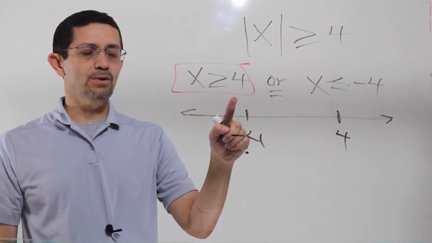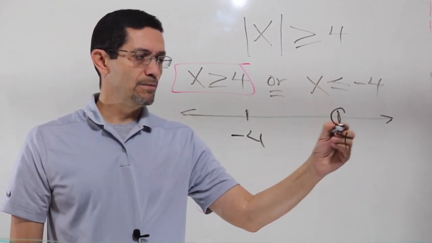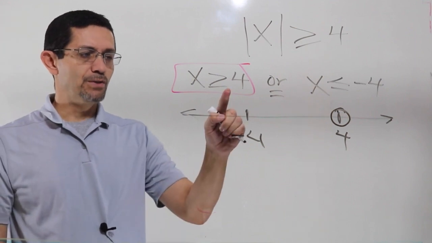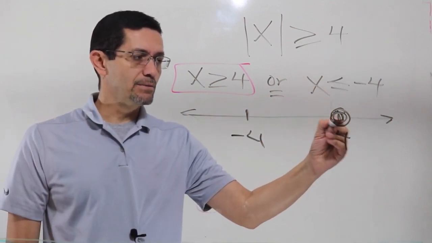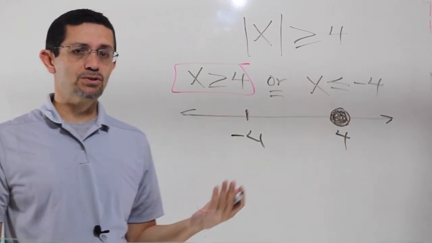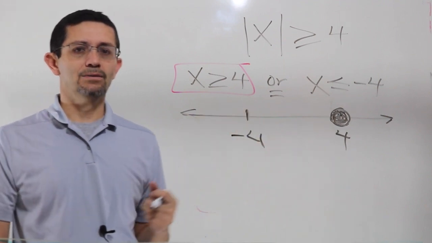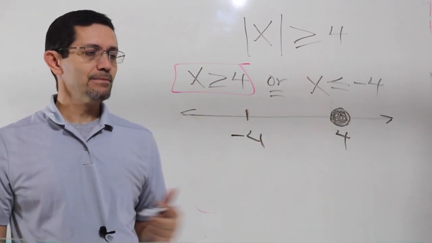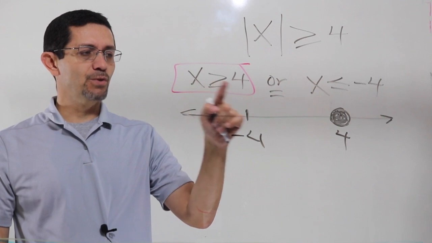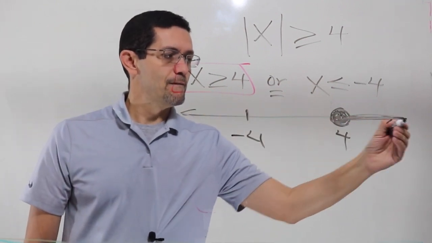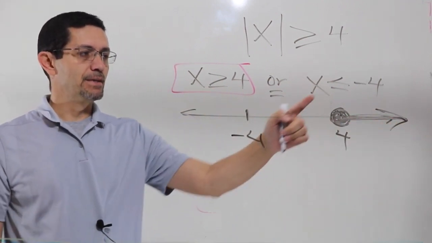X is greater than or equal to 4. I go to 4, circle. Because I have an equal underneath, my circle is going to be a closed circle or shaded dot. Greater, x is greater than 4, to the right. Let's take the other one.